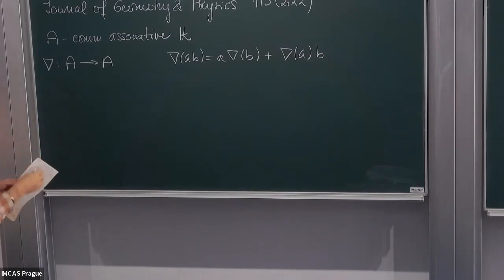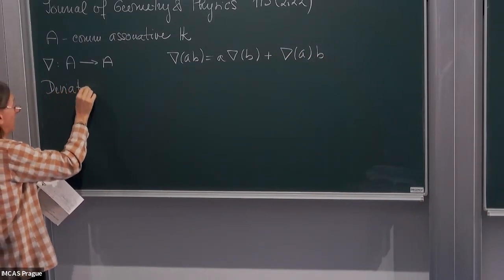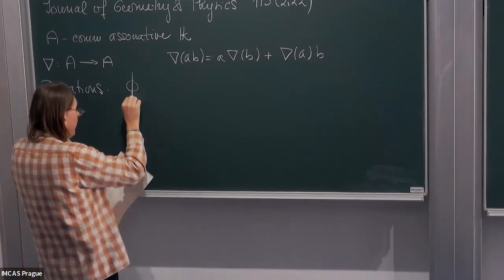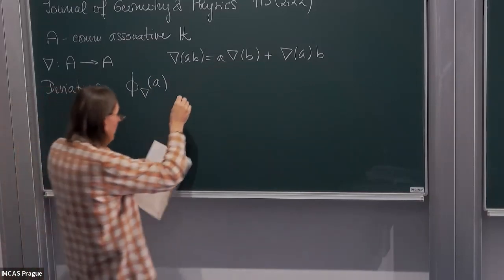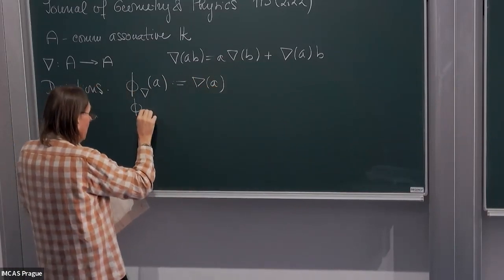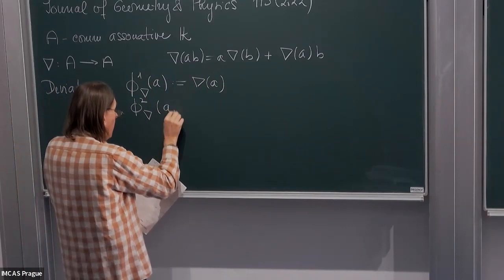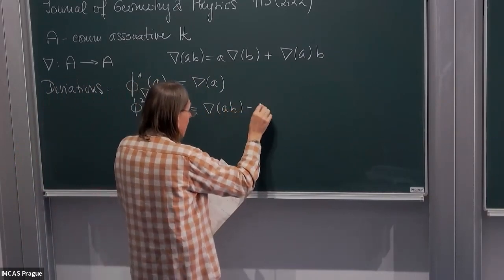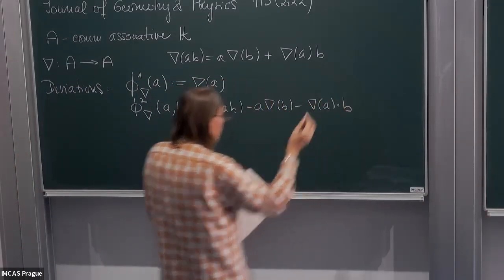So let me generalize it to higher degrees by introducing deviations. Phi1 nabla of a, a function of one argument from A, is defined to be just nabla a. Phi2 nabla of a, b is defined to be nabla(ab) minus a nabla(b) minus nabla(a) b.